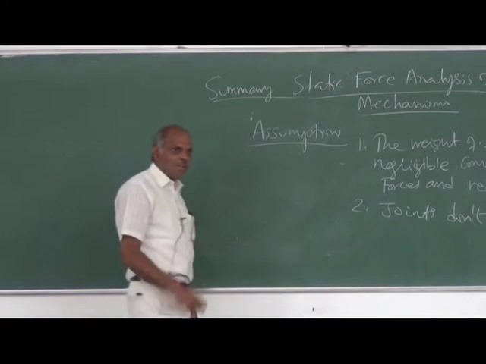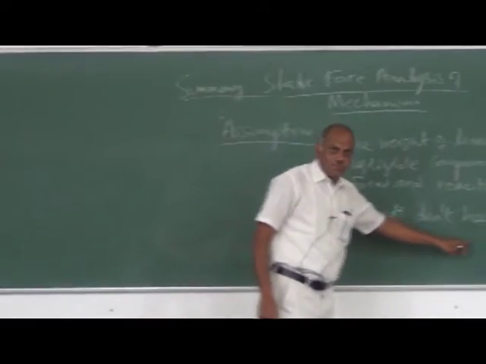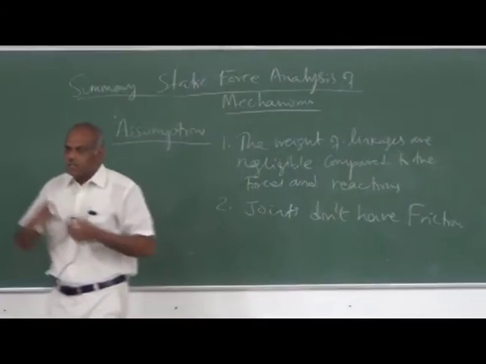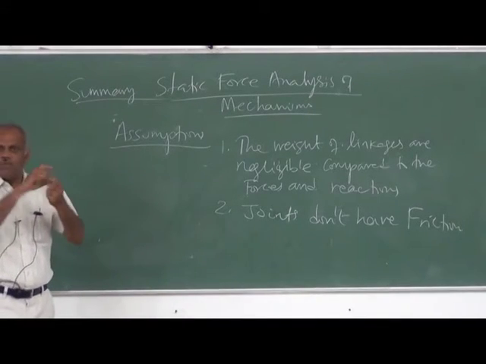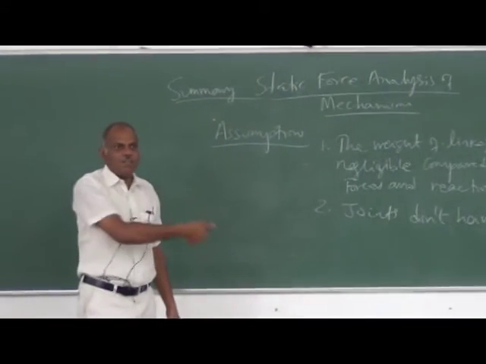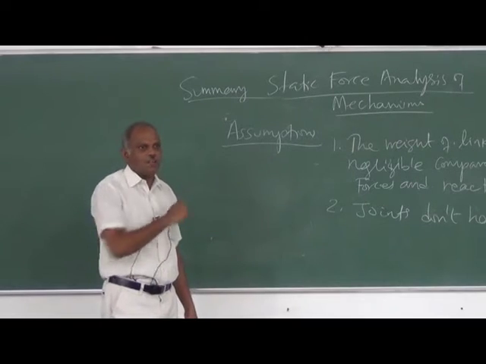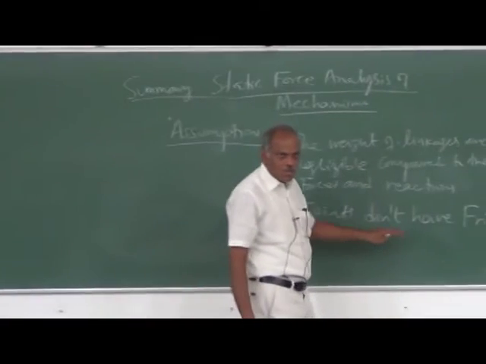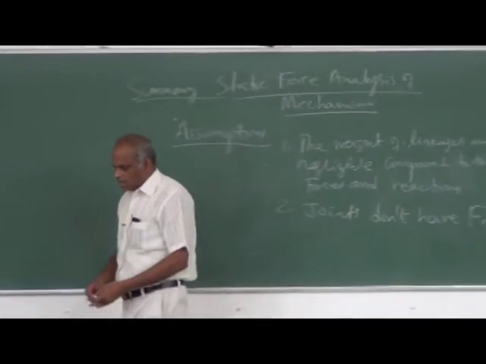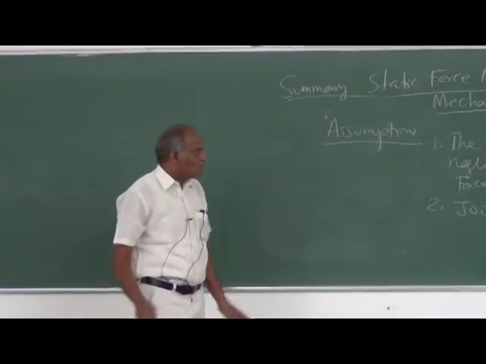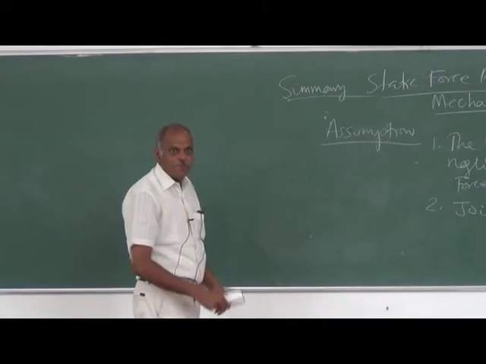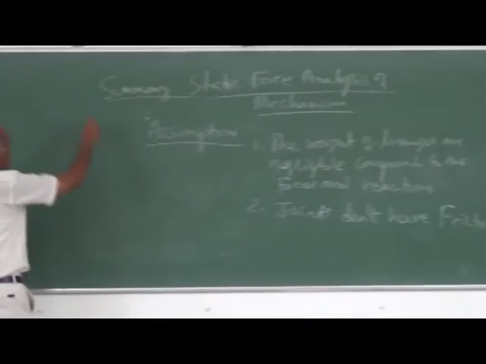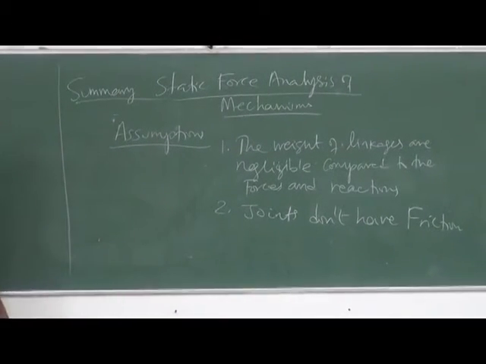That is valid only if there is no friction. If there is friction in a revolute joint, the friction torque will be transmitted. So, to simplify our analysis, we also assume that the joints are frictionless. So, these are the assumptions that we have made as far as the static force analysis is concerned.